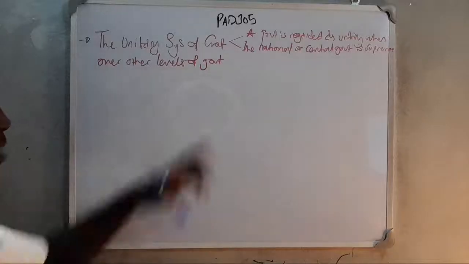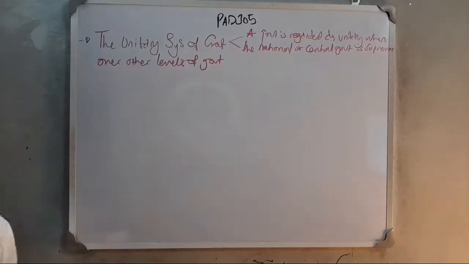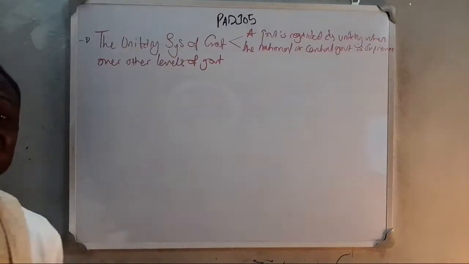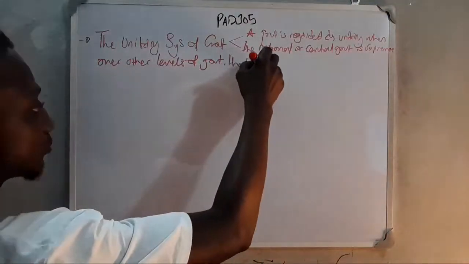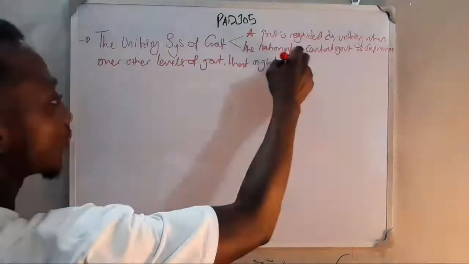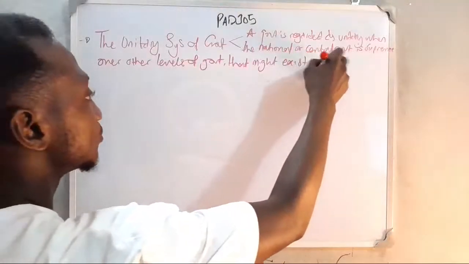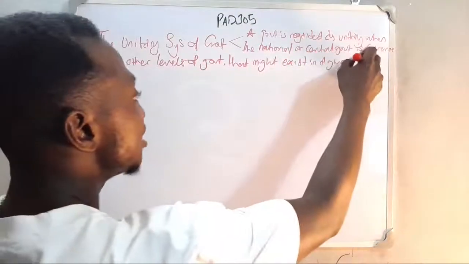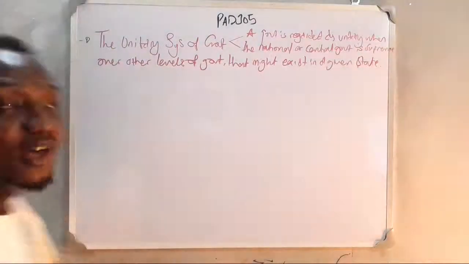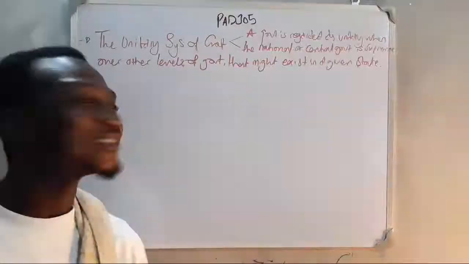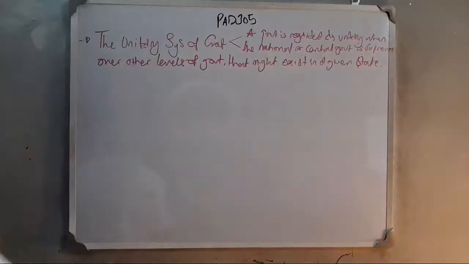I'm abbreviating, that's why you see me writing GOT. It is supreme over other levels of government that might exist in a given state. Then we refer to this as a unitary system of government.